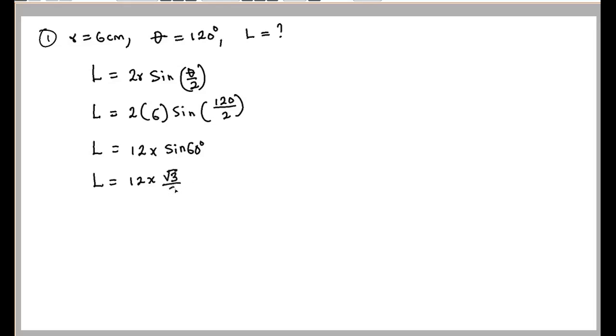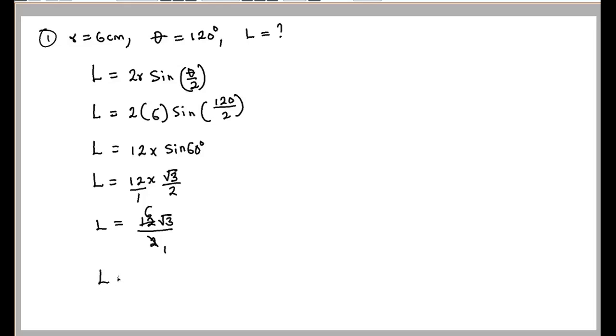Root 3 over 2. Yes, so L is now equal to 12 times root 3 is 12 root 3, all over 1 times 2 is 2. So 2 in itself 1, 2 in 12 is 6.